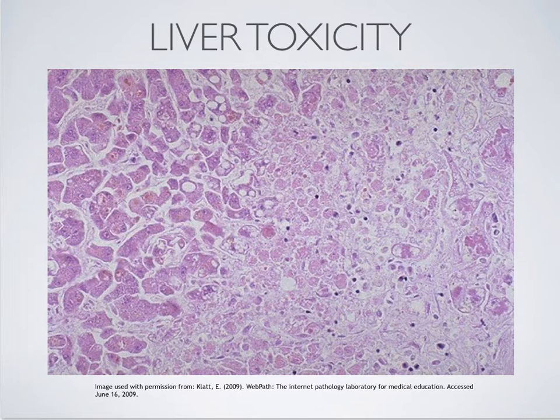And if you notice these little really dense dots, those are nuclei. Those are pyknotic nuclei. So we'll get into all of this, and you should be able to recognize signs of cell injury and cell death by the end of this lecture.